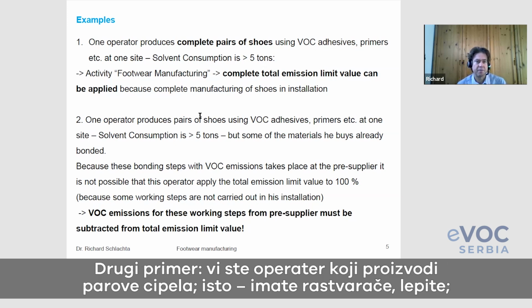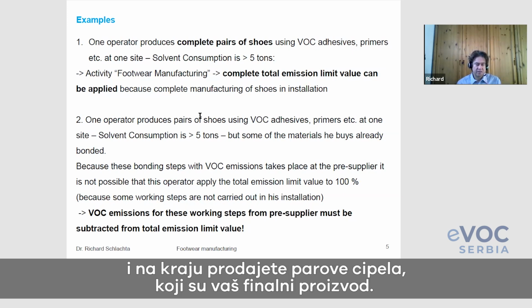Okay, other example. One operator produces a pair of shoes, and it's the same. You have solvents, and you do a lot of bonding. So at the final stage, you sell your complete pair of shoes. It's your final product.